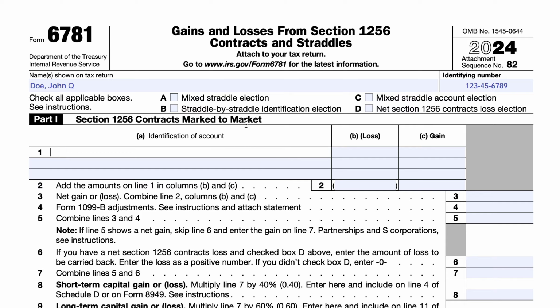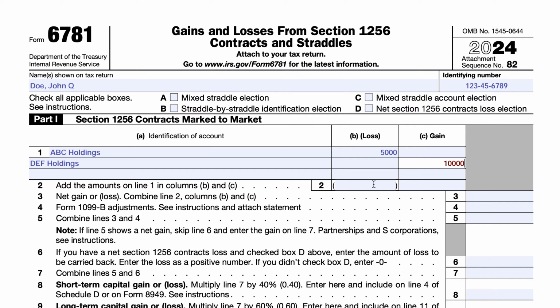So what we're going to do is we're simply going to complete the form as if we're doing it for the first time. So let's just say that the identification of the account in part 1 is ABC Holdings. Again, we're being very vague on the details because we're simply working through the mechanics of this form. So let's say that there's a $5,000 loss here, and then DEF Holdings, we have a $10,000 gain.